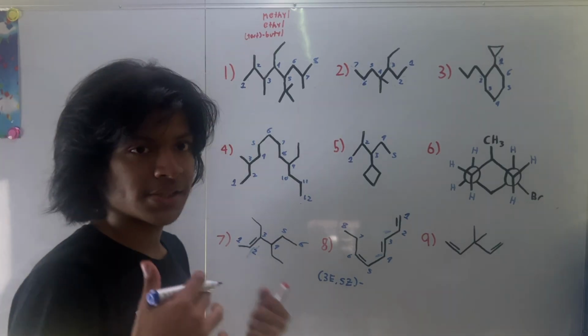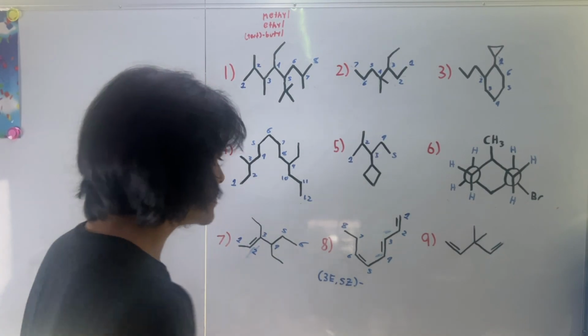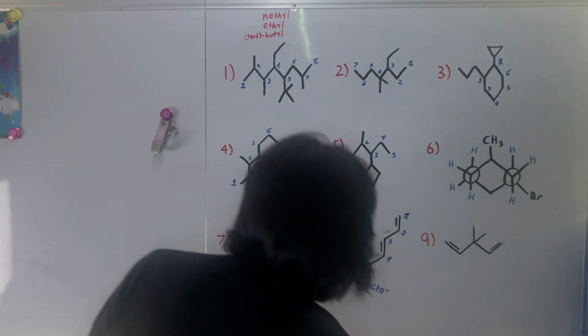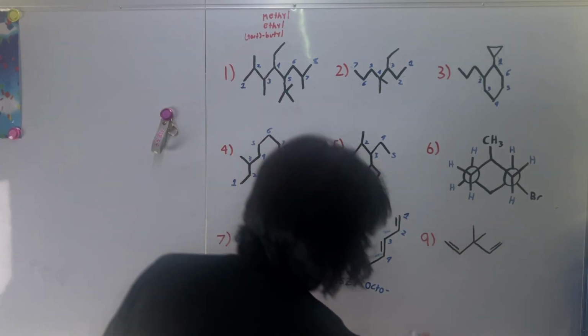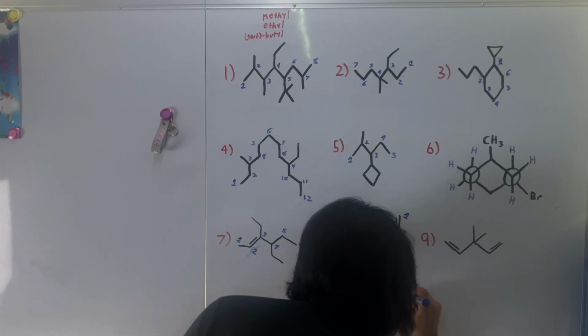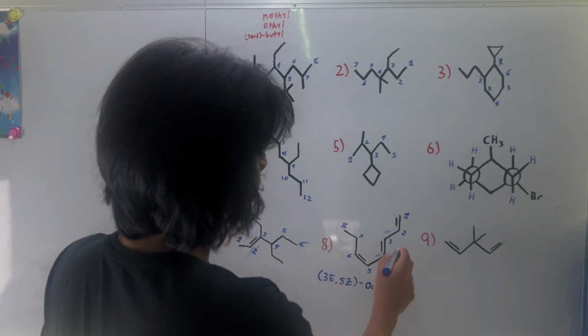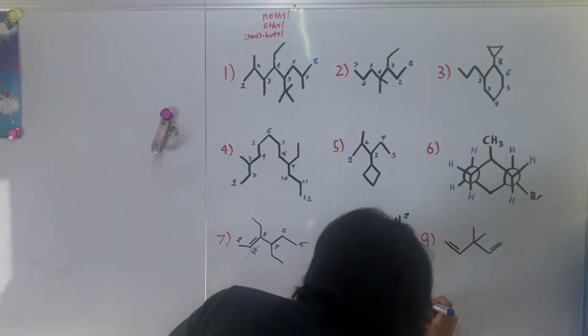Then because our longest chain in this case has 8 carbons, we're going to have oct. Then we look at where our double bonds start. So we have 1, 3, and 5. And then we include the prefix. So because we have 3 double bonds, we're going to have tri.